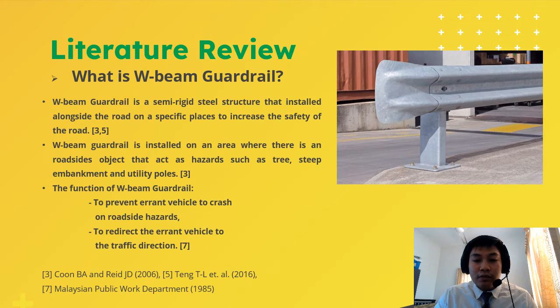The function of the W-beam guardrail is first to prevent the errant vehicle from crashing on the roadside hazard such as tree, steep embankment and utility poles. Second is to redirect the errant vehicle back into the traffic direction.